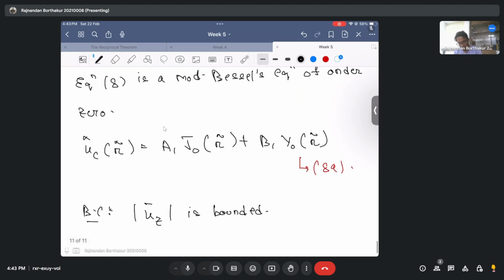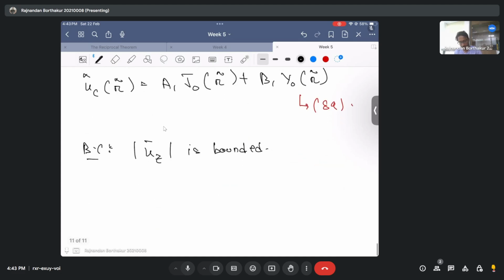Now, this modified Bessel function of the second kind blows up. At R tilde equals 0, this term blows up to infinity, which means the only way that my uz could be bounded is if B1 has to be equal to 0. So from the boundedness condition, I can interpret that B1 is equal to 0.